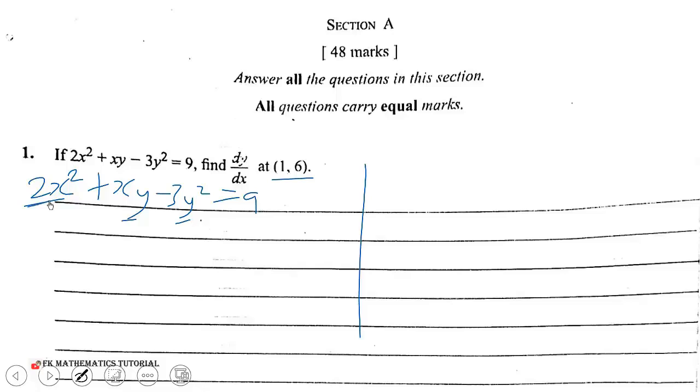So let's begin with the 2x squared. When you differentiate 2x squared, since there's no y there, we get 4x. But when we differentiate y, we have to indicate that it is not intentional. We are actually doing it with respect to x, and it happened that we are differentiating y in it. So this is a product.